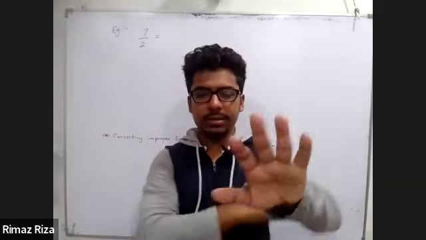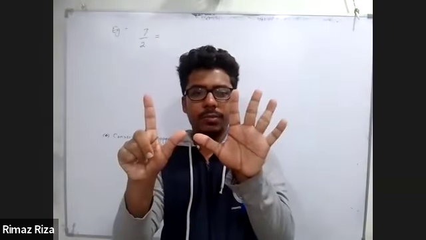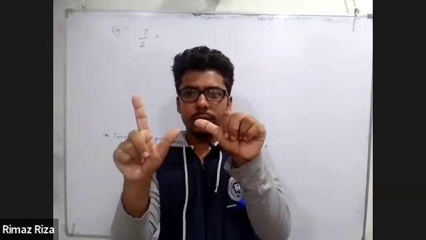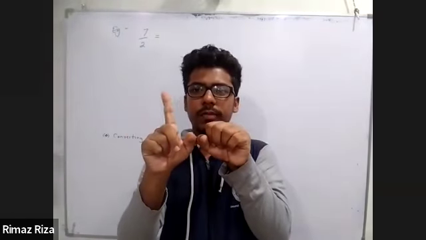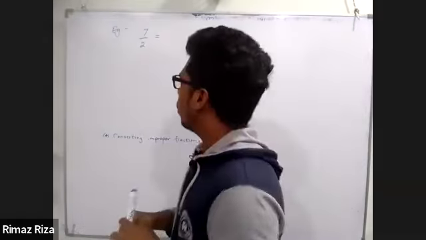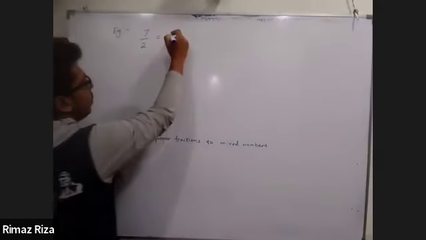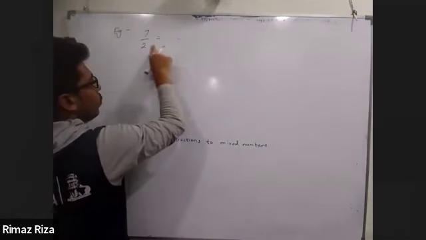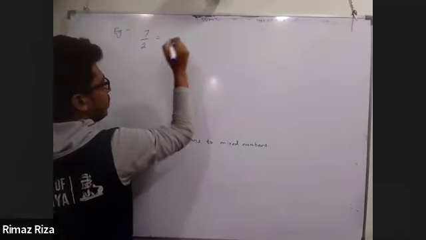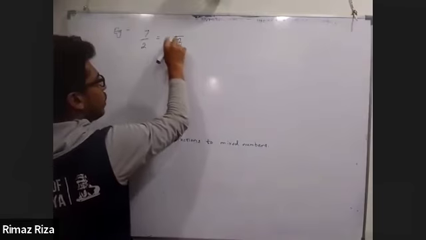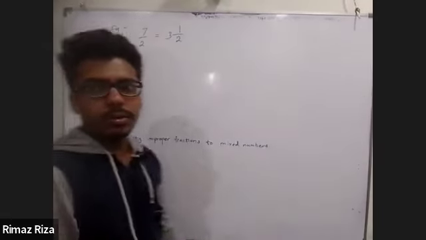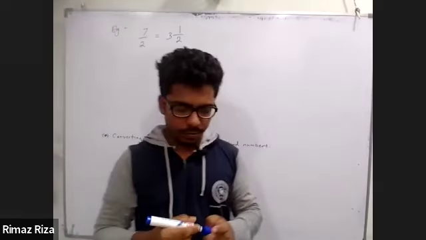If I take 7, we have one set of 2's, another set of 2's, and a third, and then one remaining, right? The denominator will not change. It's 2, always the denominator is the same. So we have 2 times 3 is 6 and 1 remains. So 7 divided by 2 is 3 and a half.